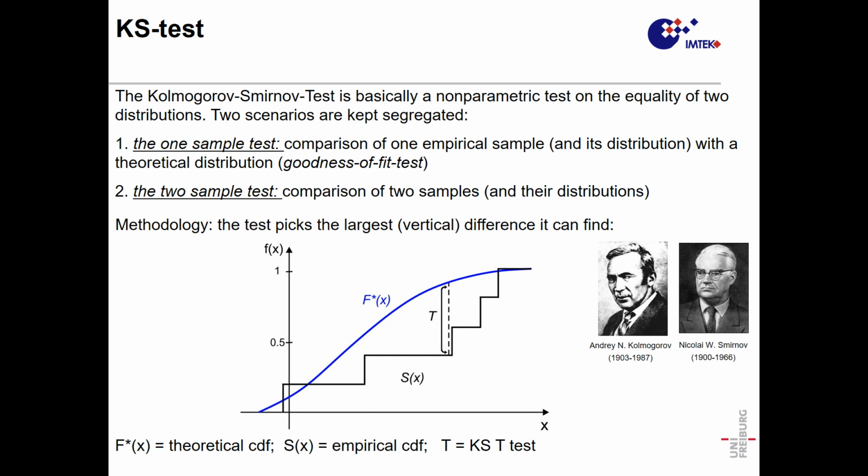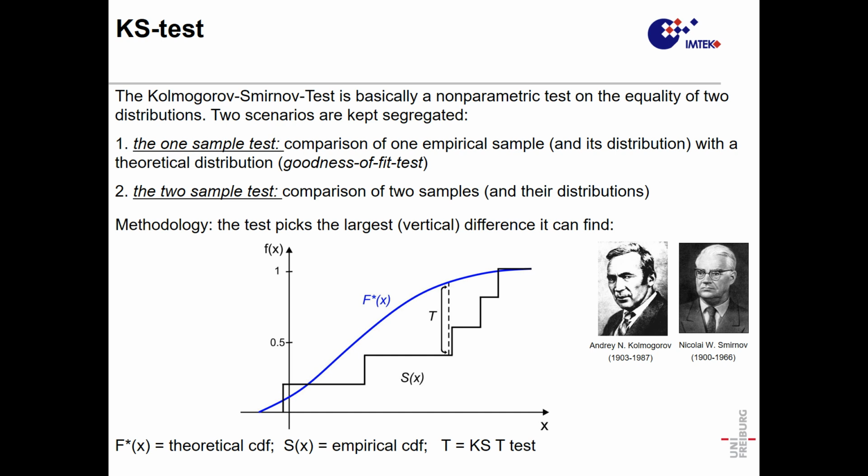We want to see if these two samples come from the same distribution, or if one sample comes from a theoretical distribution. For example, here the blue one will be our theoretical distribution, and the black one will be our empirical distribution, made from our own data.